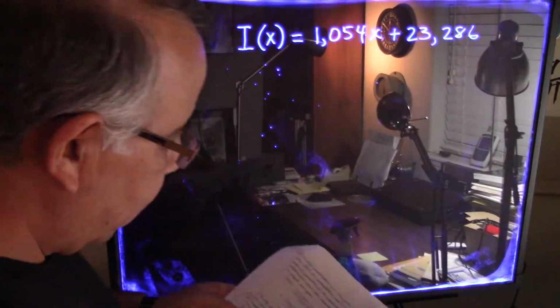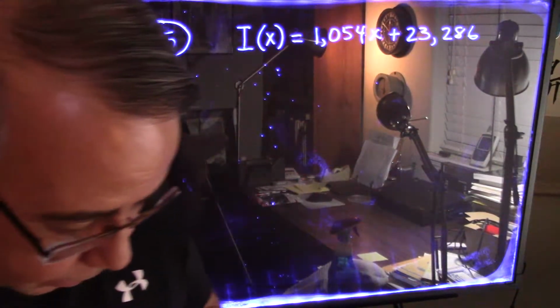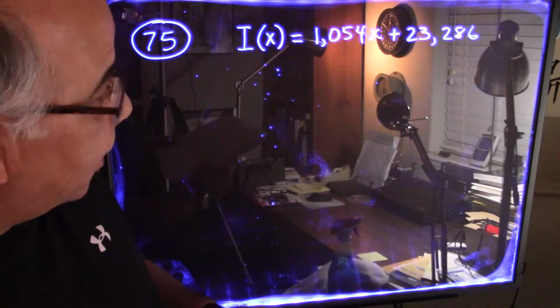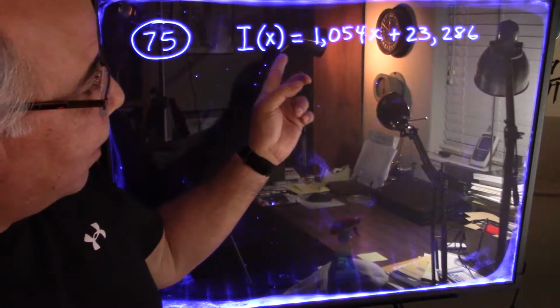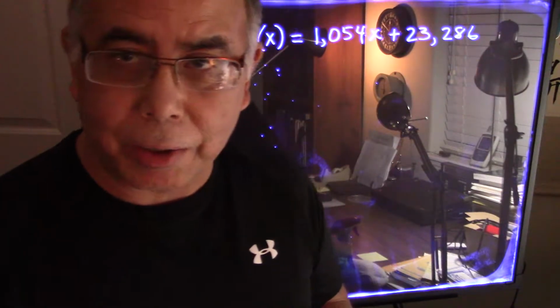As of 1990, average annual income was 23,286. You'll note that figure is the initial value. When x equals 0, that's what you get. It is true, but that doesn't interpret the slope in the context of the problem, which is what they want us to do. So we can't use A, even though it's true.